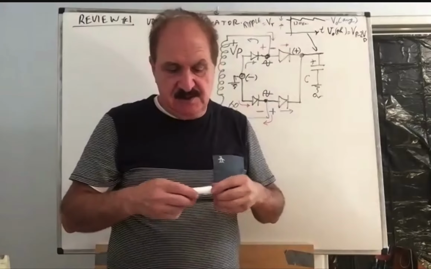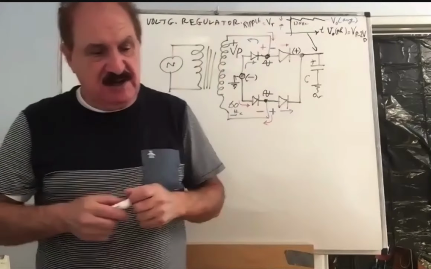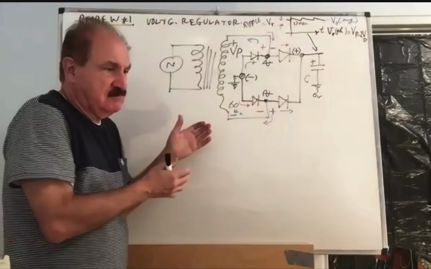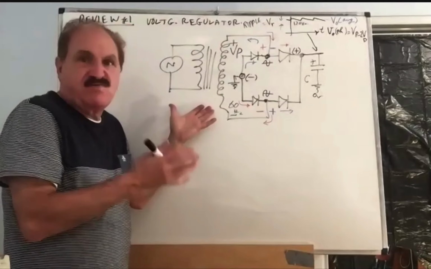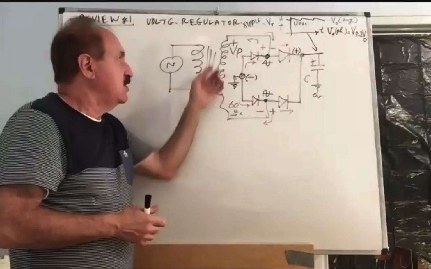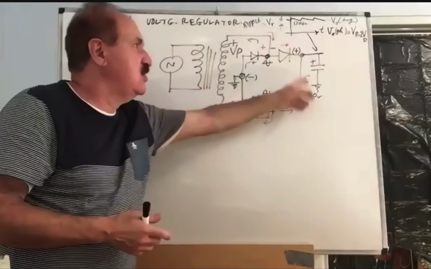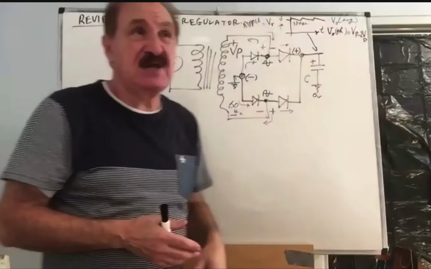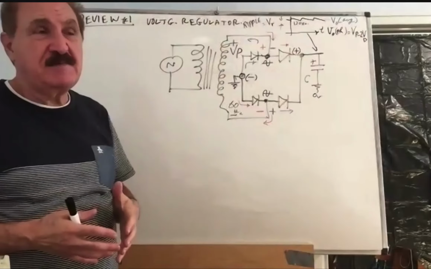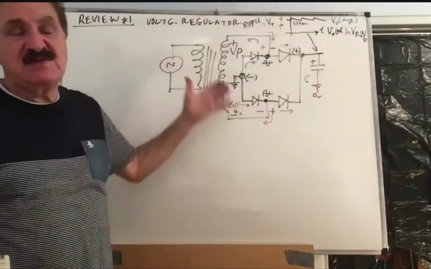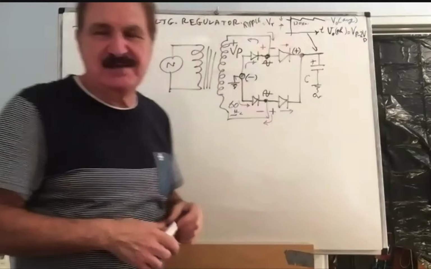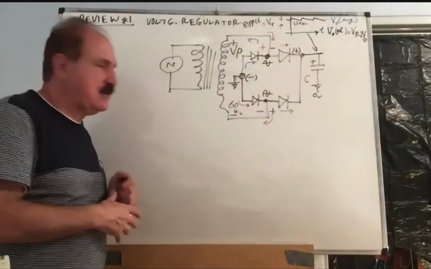Sometimes that loss is significant, especially if the secondary voltage is a small one, like 4 volt peak. 4 volt peak is really not suitable, because you're losing 1.4 for the diodes. That's a big loss. But if the secondary voltage is like 15 volt peak, 17 volt peak, losing 1.4 is a small quantity. It's like 8%, 10%.